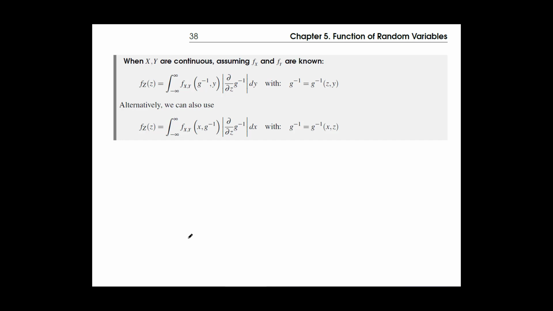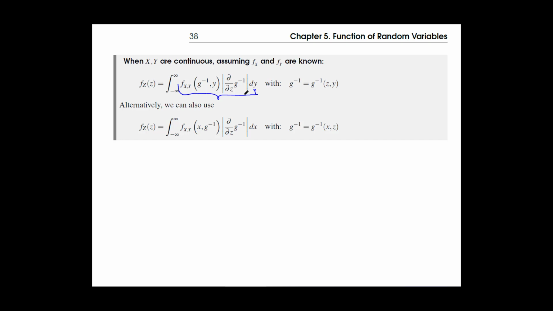Okay, let's do a continuous case. The continuous case is also similar. If you notice, this part of the equation is almost the same as the single case one. Remember, it was the PDF of x evaluated at the inverse times this absolute value.